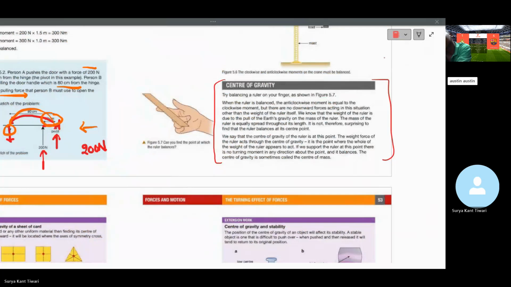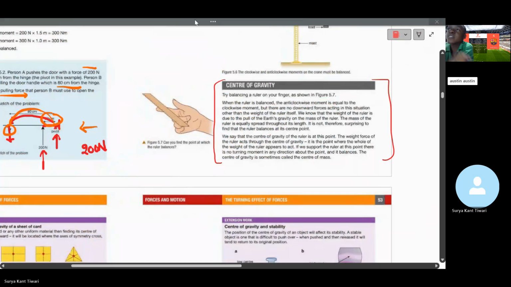When the ruler is balanced, the anti-clockwise moment is equal to the clockwise moment, but there are no downward forces acting in the situation other than the weight of the ruler itself.